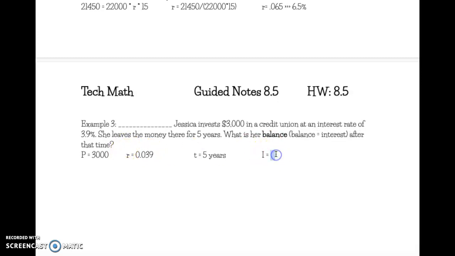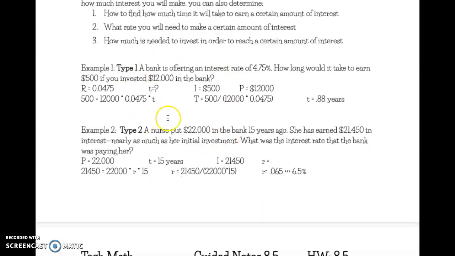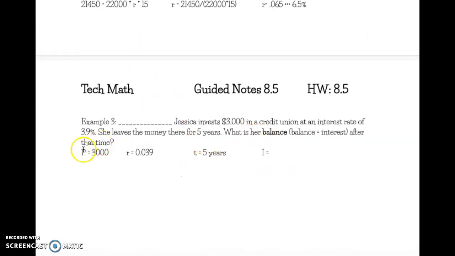So when we calculate this out, I'm not going to go through all the steps because you can see the steps that I did up here. In this case, we're just going to do P times R times T. When I do that, I get $585. But this is not my answer. It wants the balance.